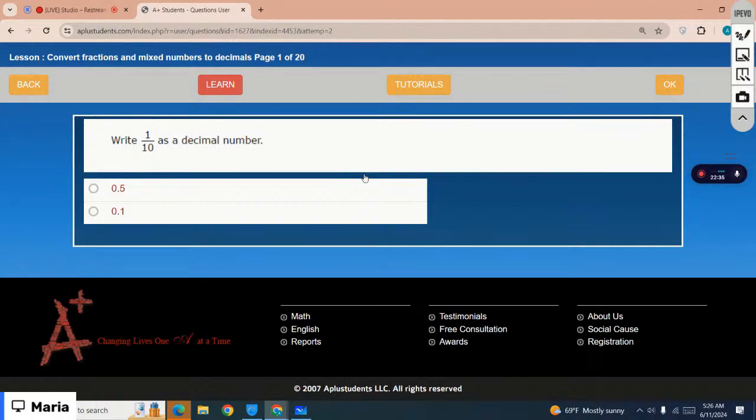You have only one zero with 10, right? Yes, so you need to move the decimal point one place left, so that is 0.1. Option number 2 is the correct option.